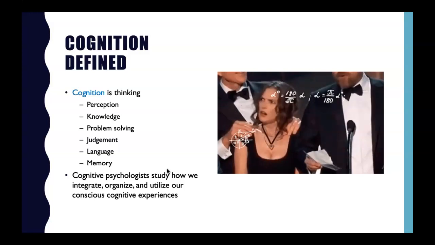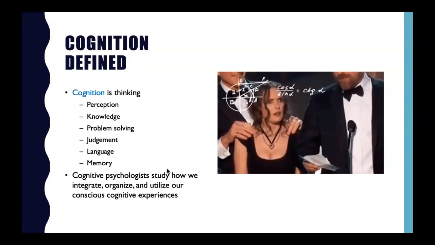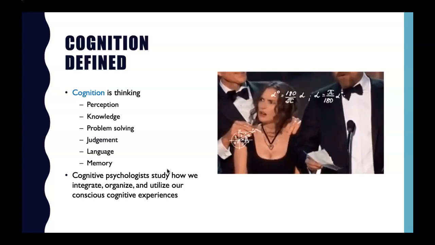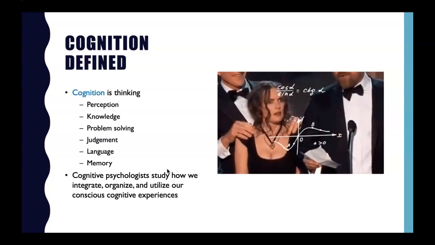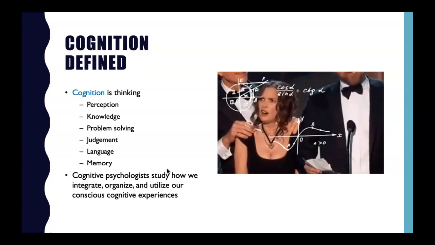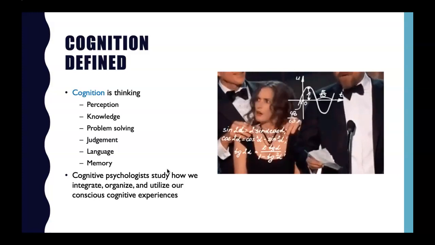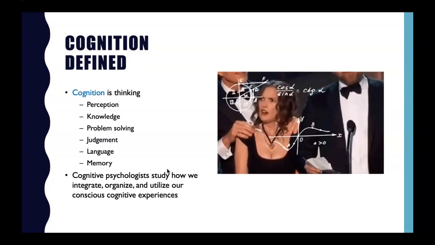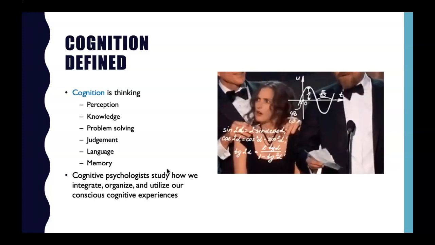Cognitive psychologists study how we integrate, organize, and utilize our conscious cognitive experiences. So how do we process maybe a scary movie? We talked about learning and classical conditioning. Well, there are certain parts in scary movies where you hear scary music.